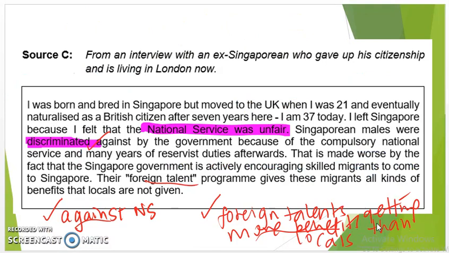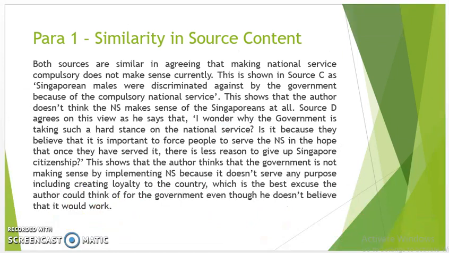This person is against NS. So both of them find that NS is not necessary. That is your similarity. Both sources are similar in agreeing that making national service compulsory does not make sense currently.